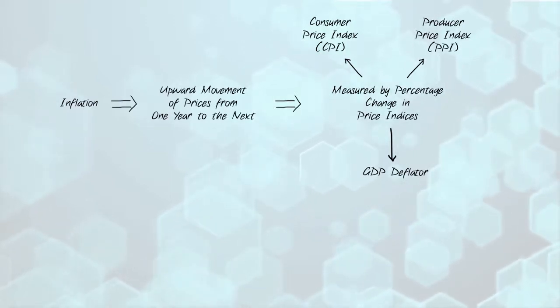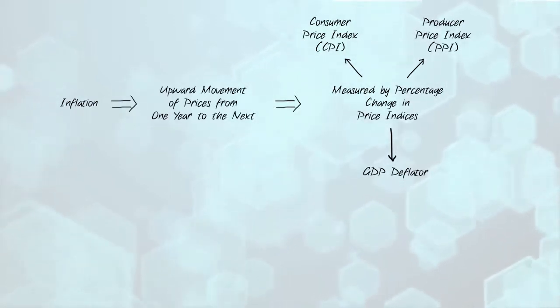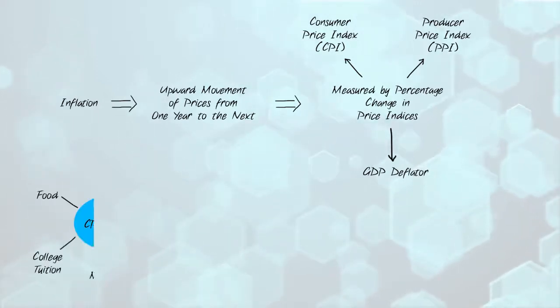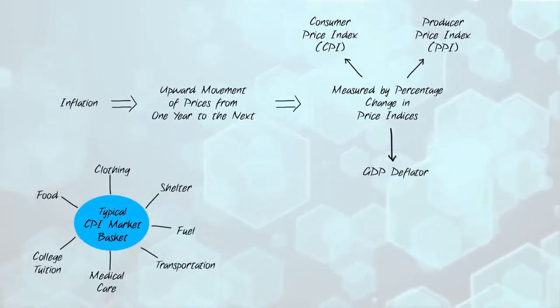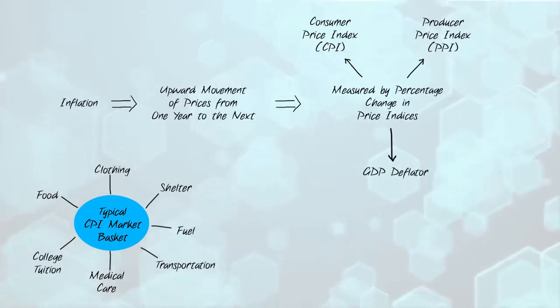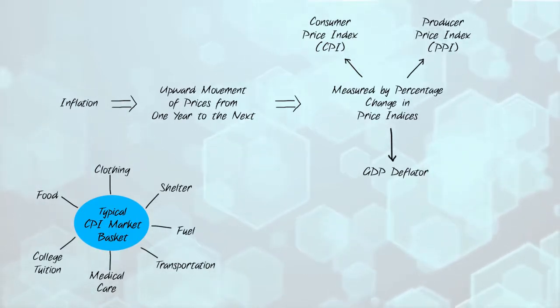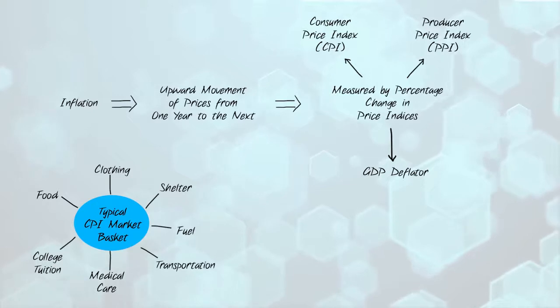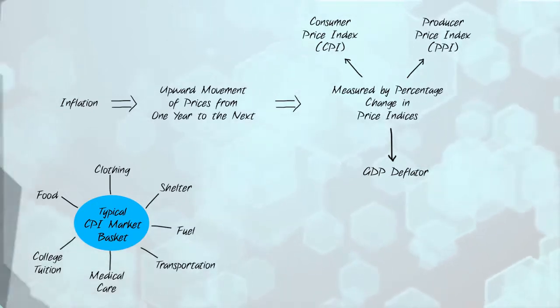This market basket for the CPI includes the prices of food, clothing, shelter, fuel, transportation, medical care, college tuition, and other goods and services purchased for day-to-day living.